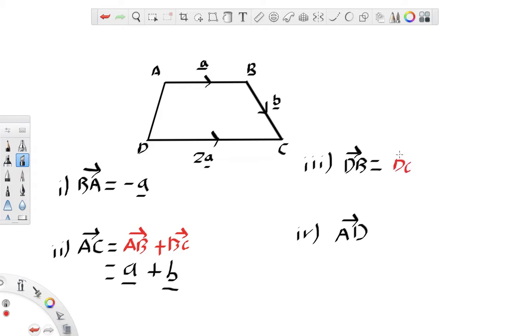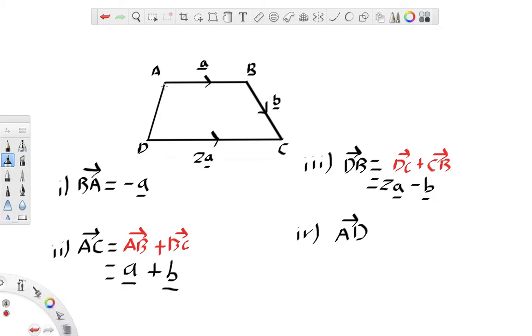D to C plus C to B. Well, D to C is the vector 2A, and then C to B will be minus B. Why is it the vector minus B? Well, B to C was positive B, so if we do that route in reverse, C to B will be minus B.